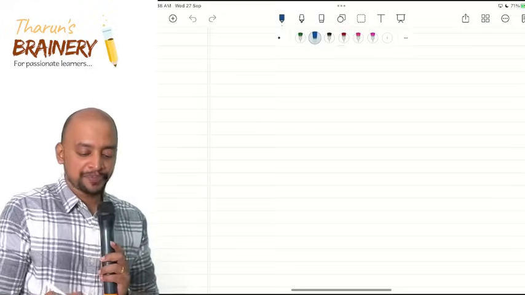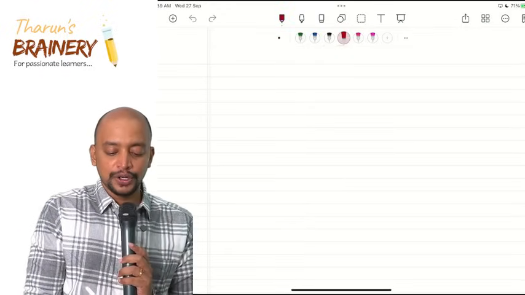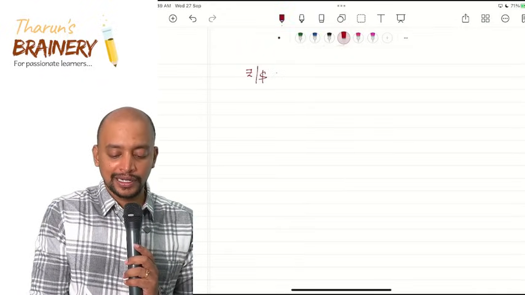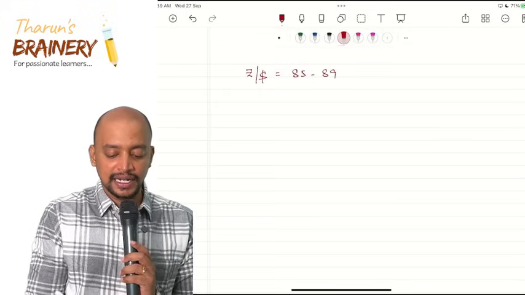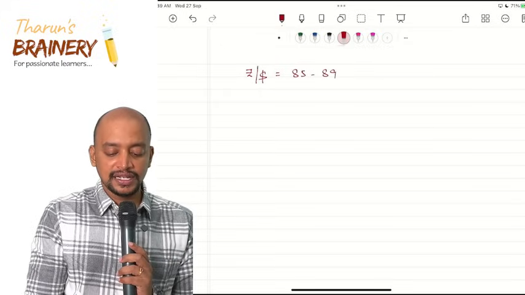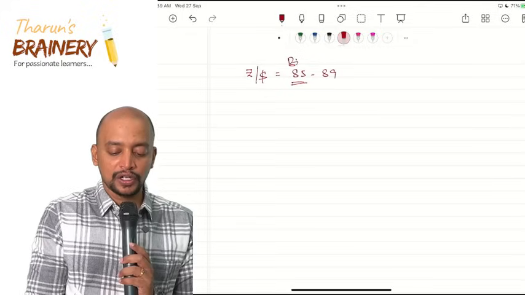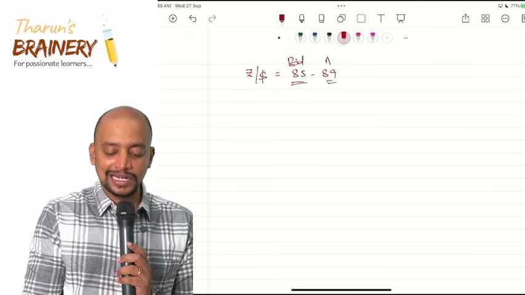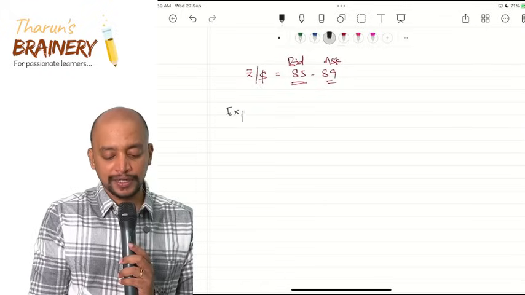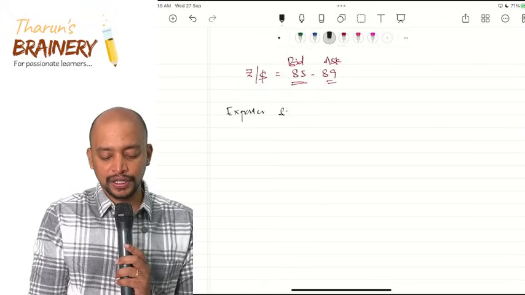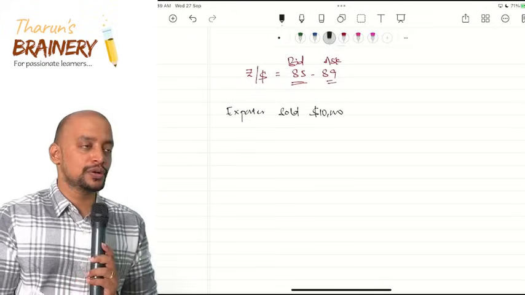For example, we have a quote of rupee per dollar, that is 85 and 89. So 85 is actually the bid, the bank's dollar buying rate. 89 is the ask, the bank's dollar selling rate. Now an exporter sold $10,000.